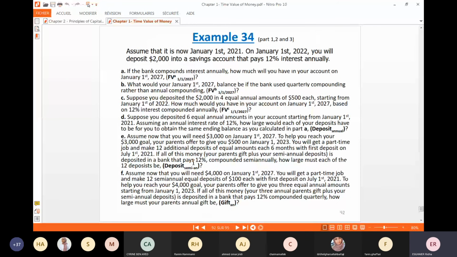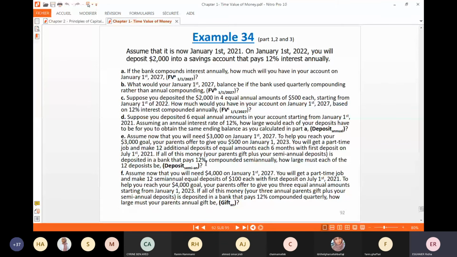Assume now that you will need $4,000 on January 1st, 2027. You will get a part-time job and make 12 semi-annual equal deposits of $100 each, with first deposit on July 1st, 2021. To help you reach your $4,000 goal, your parents offer to give you 3 equal annual amounts now, instead of only one deposit of $500.